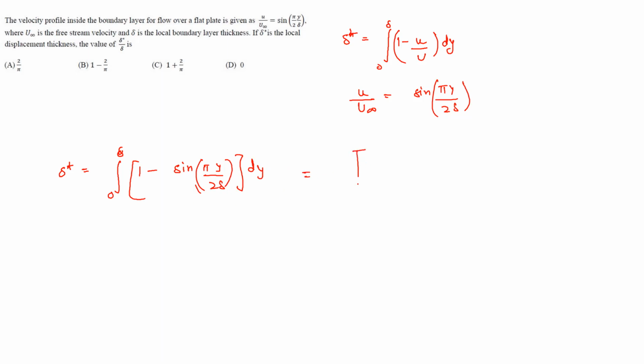So when you integrate this, you will get y minus, sine will turn into cosine of pi y over 2 delta, and there will be a minus 1 here, so you can say that this is positive, and this will also be divided by pi over 2 delta, right? From 0 to delta.